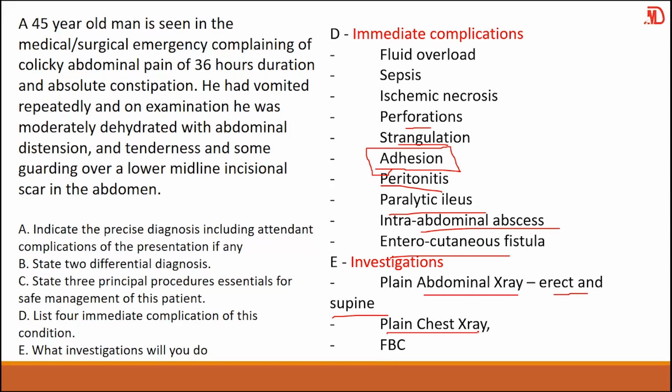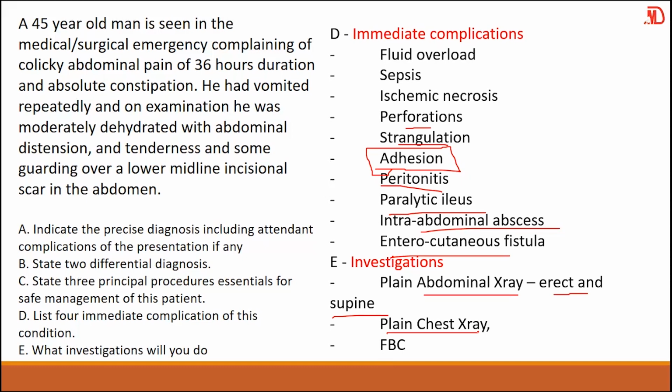Usually you will see it under the hemidiaphragm on the right side of the x-ray. You can see some perforations there just under the diaphragm. So you can do the chest x-ray to also confirm or rule out any perforation.